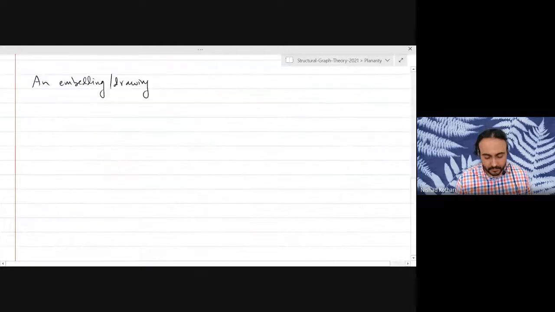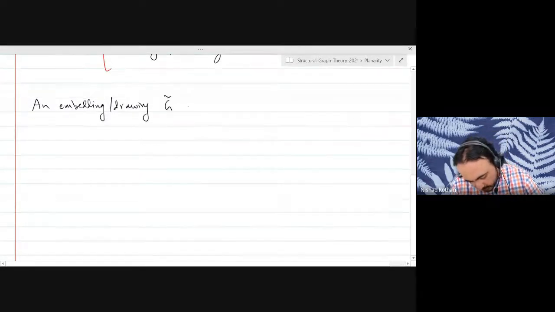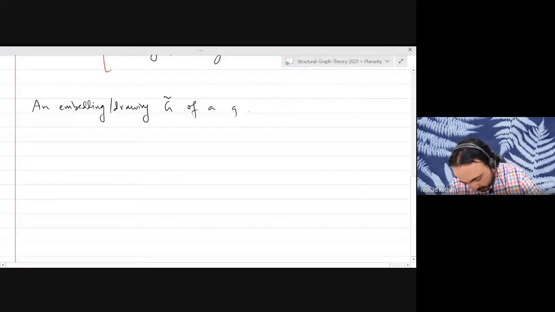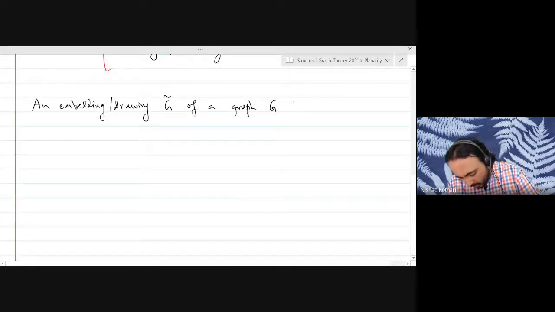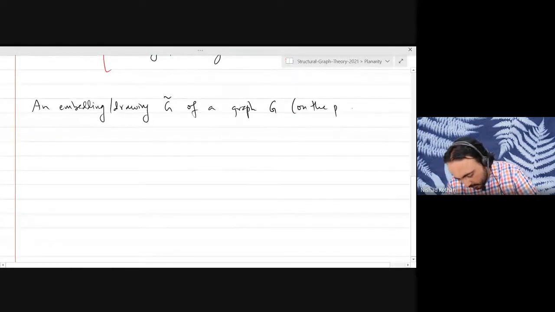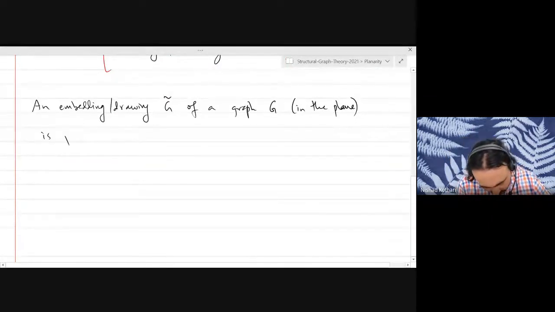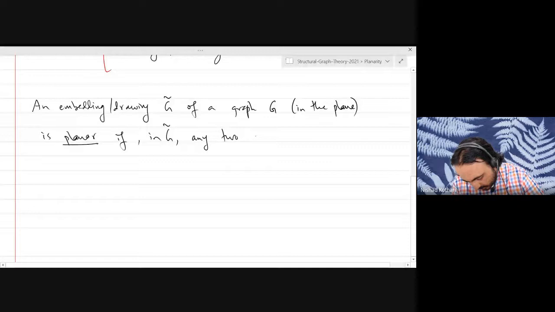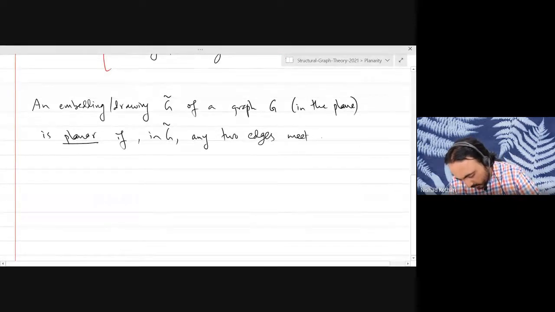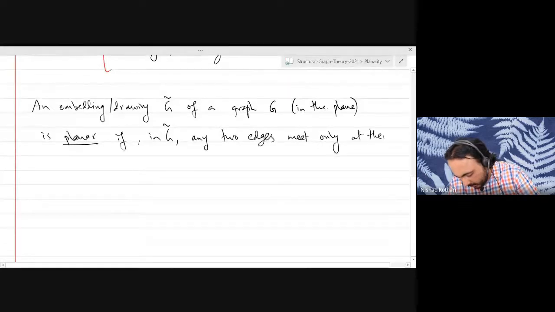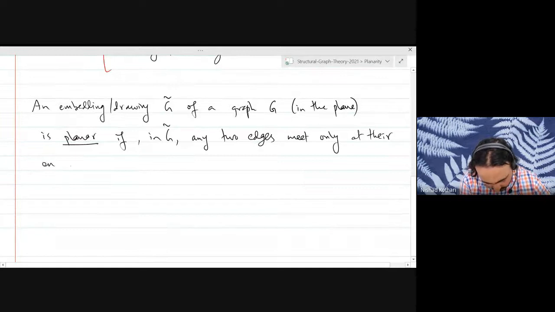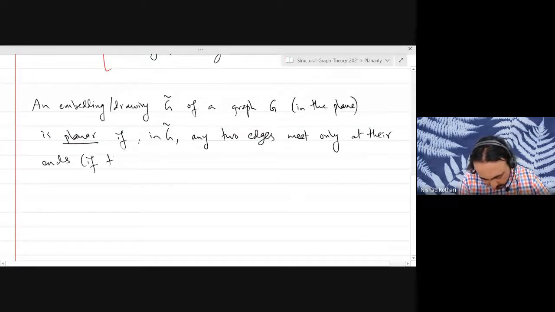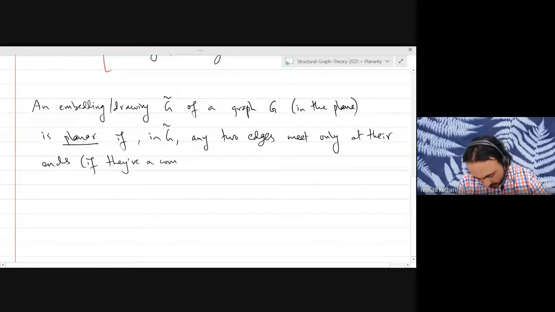Okay? So an embedding or drawing G tilde of a graph G on the plane, or maybe I think it should be an embedding in the plane, is planar if in this embedding any 2 edges meet only at their ends, if they have a common vertex, common end.